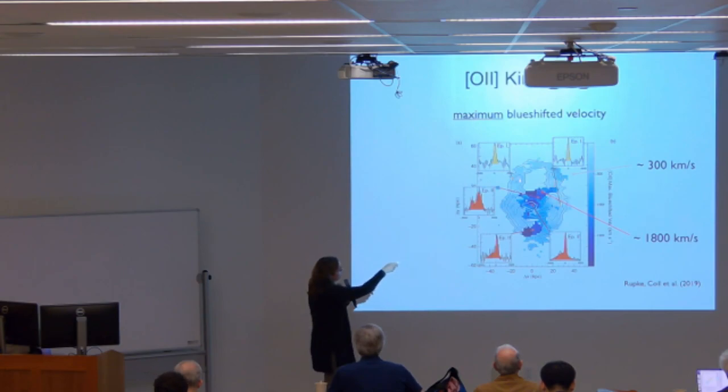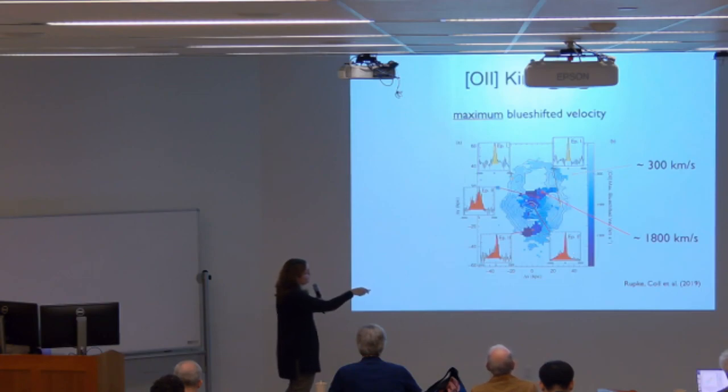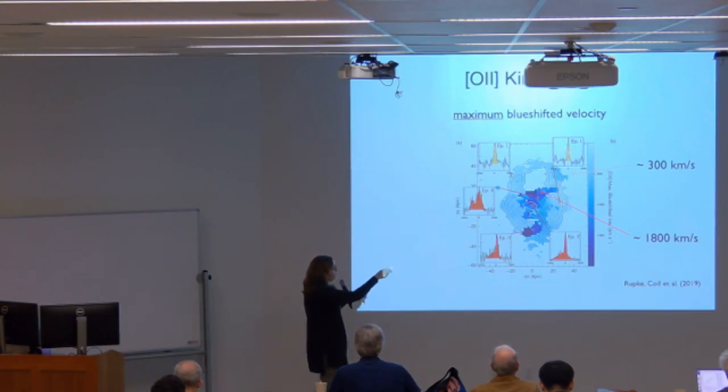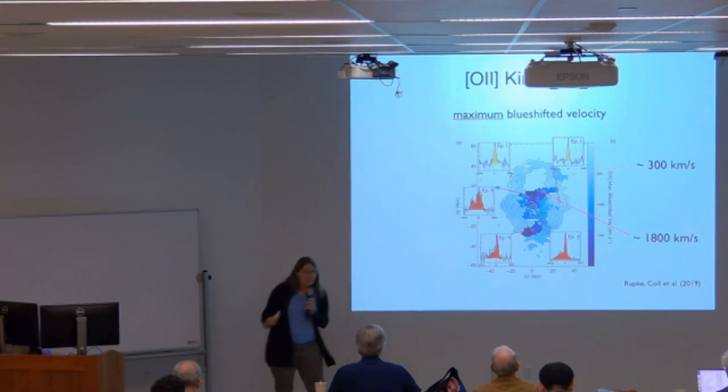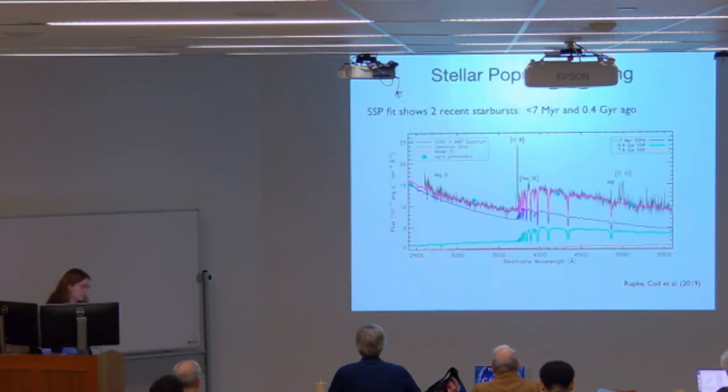In the outer regions, the lighter colors here, there's just a single kinematic component, with velocities of around 300 kilometers per second. As you go to these darker regions on smaller scales, there are two velocity components. There's the same one that you see further out, but then there's a broader blueshifted, faster outflow on smaller scales. So we think there are two outflow episodes.